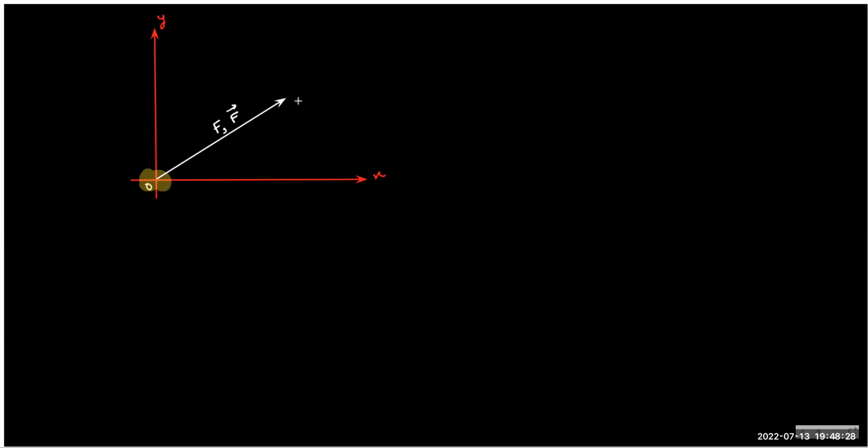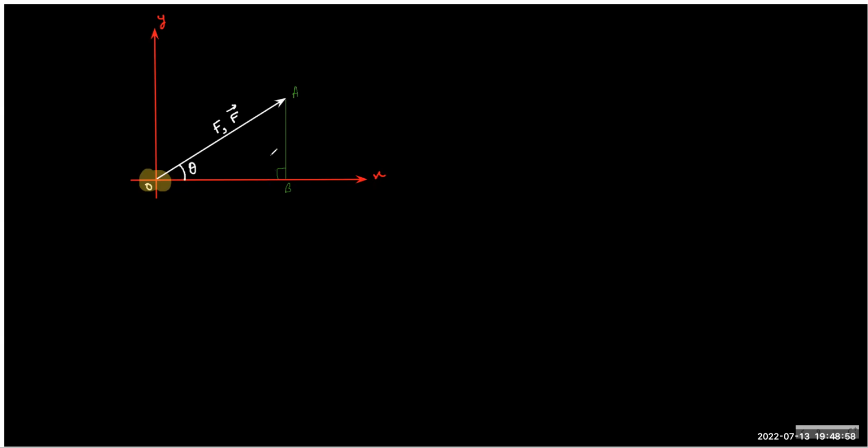Now you can draw a perpendicular from the tip of the vector to the x-axis. And that's done. Eventually this forms a right angle triangle. You can name it O, A, B. And what else is given to us? That this angle is theta.